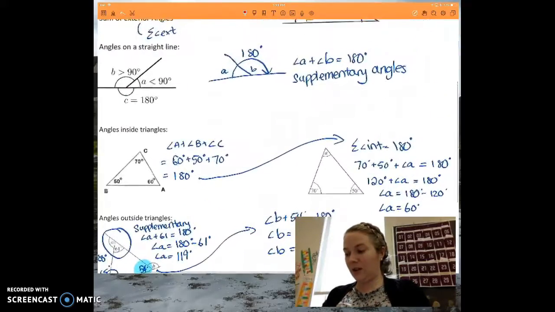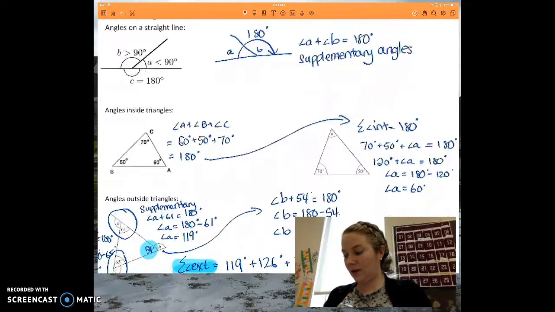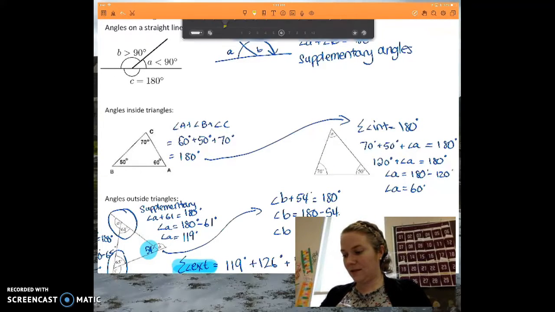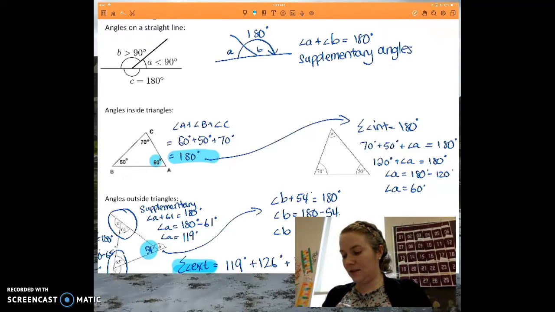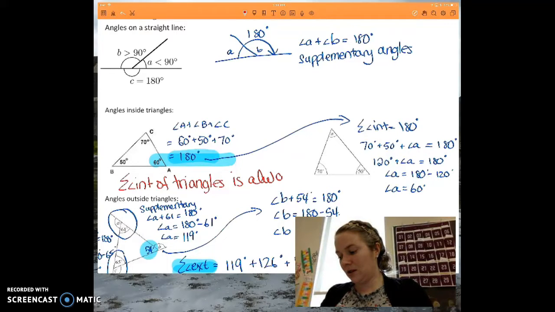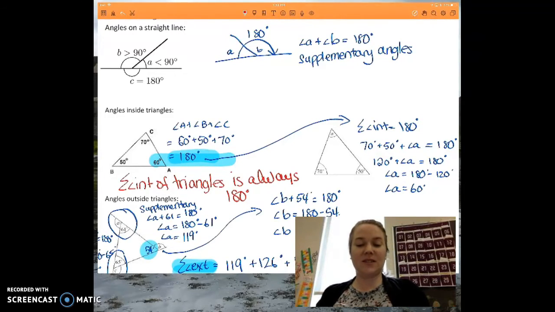And if we go back up here, we find this information: the sum of interior angles of triangles is always 180 degrees. Those are the two critical pieces of information that you need to take away from this lesson.